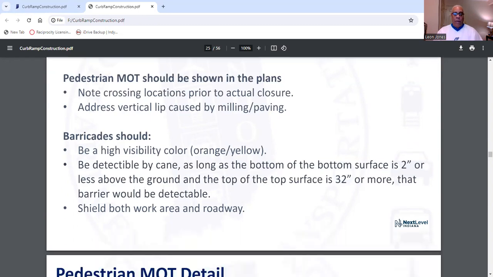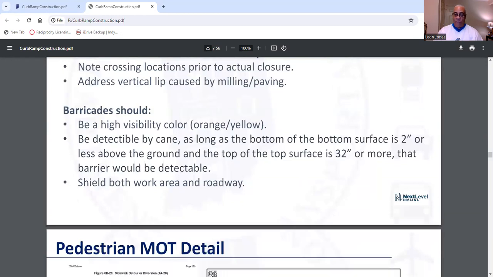And barricades should be a high visibility color, orange or yellow, and be detectable by cane as long as the bottom of the bottom surface is 2 inches or less above the ground and the top of the top surface is 32 inches or more. That barrier would be detectable. And you must shield both work area and roadway.